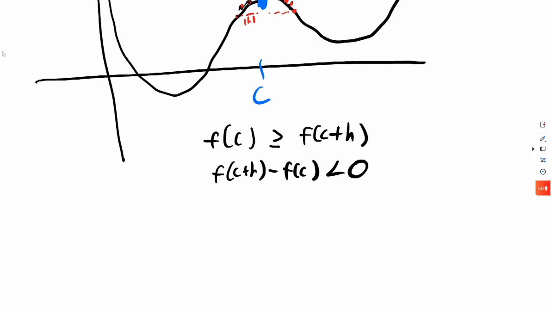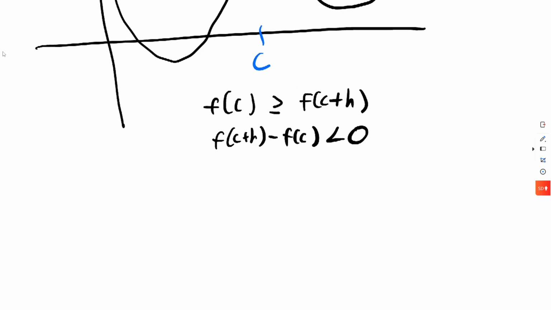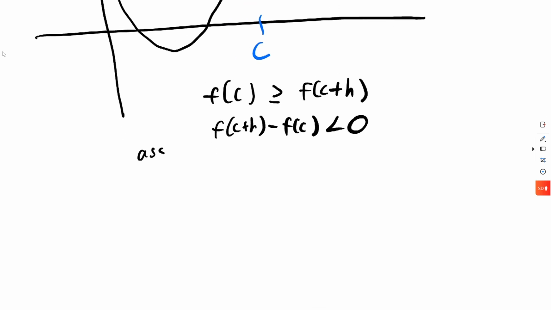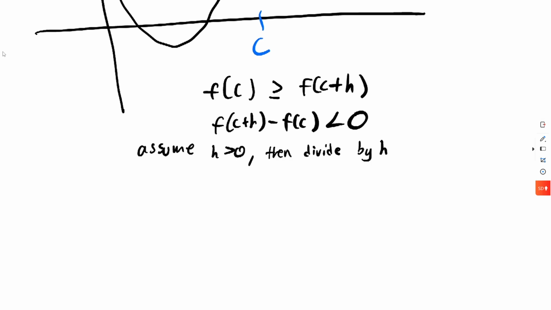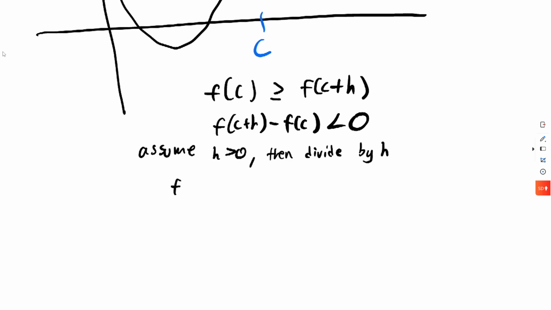Now, we're going to assume that h is greater than 0, and then we're going to divide both sides by h. Okay, so h is greater than 0. So what's going on here is we're saying that f of c plus h minus f of c over h is less than or equal to 0.